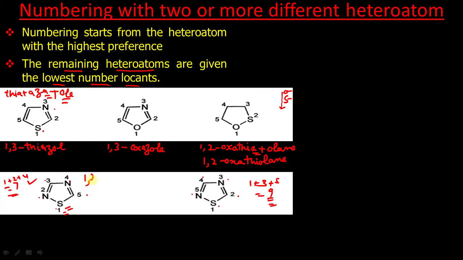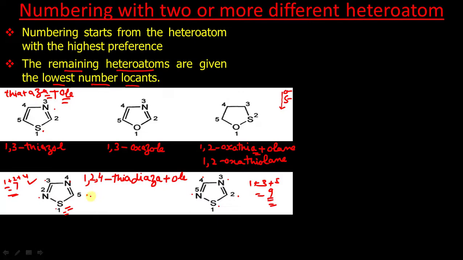Its name will be 1, 2, 4. First specify the numbers at which heteroatoms are there, then thia. Now we have two nitrogens, so we have to use di: thia, diaza, plus it is a 5 membered unsaturated ring, ole.